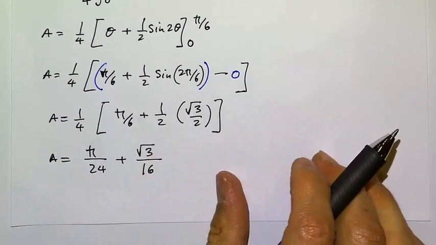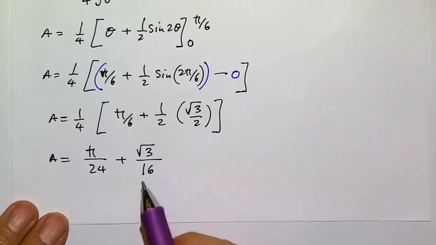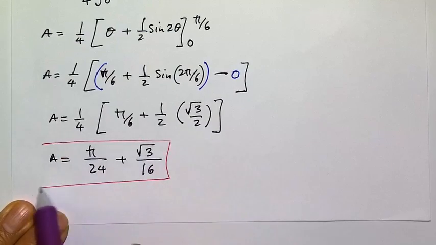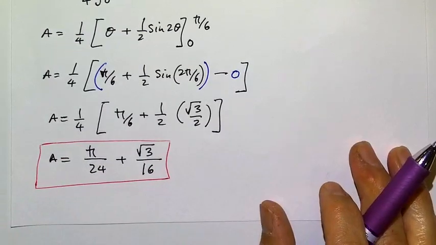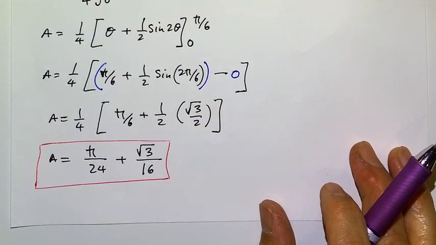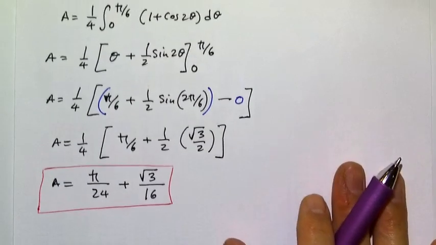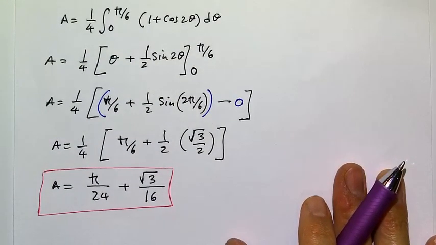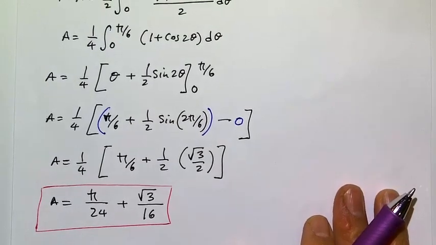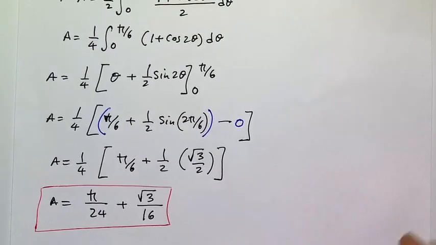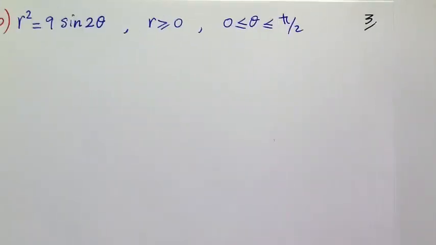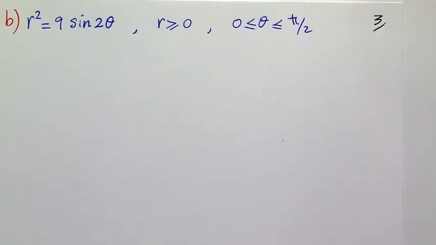And of course, we want to leave the answer in exact form. We do not want to calculate the decimal version of this. Okay. If you pause the video and did this on your own, I hope our answers agree. And if they do, that's wonderful, because that means that first example, you got a perfect score.